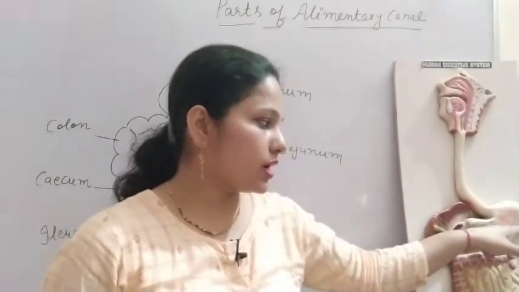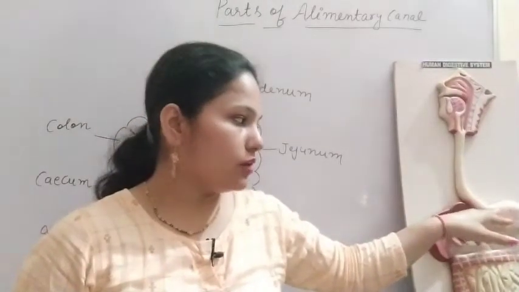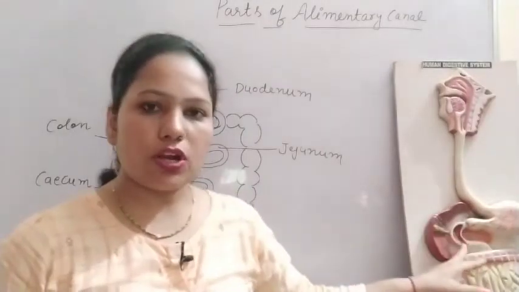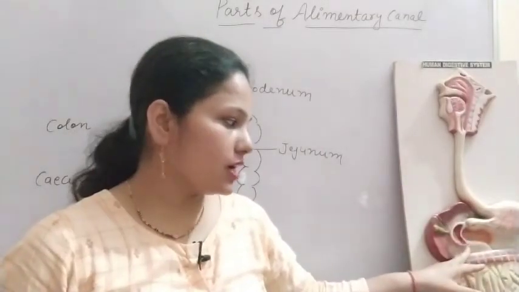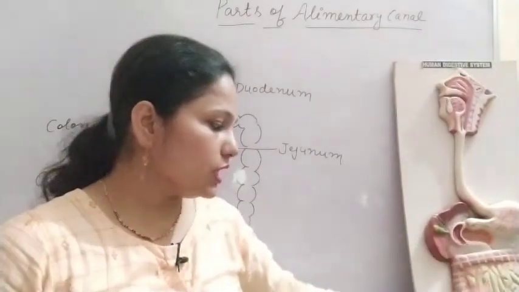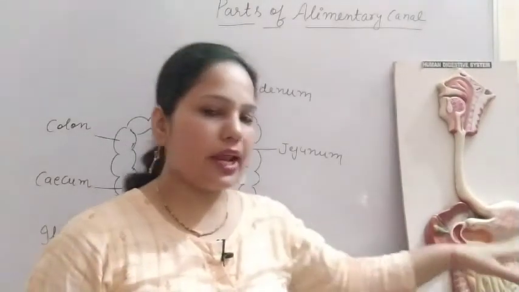Then the stomach has three parts. First is the cardiac part, fundus and the pyloric. Then the stomach opens into the small intestine. The small intestine has three parts: duodenum, jejunum, ileum. Then the large intestine: cecum, colon and rectum.